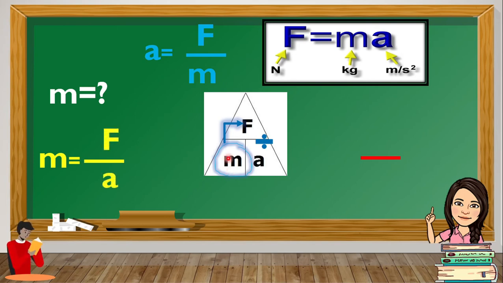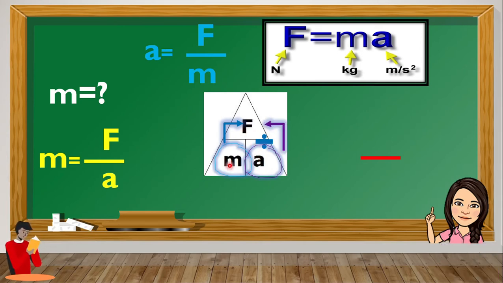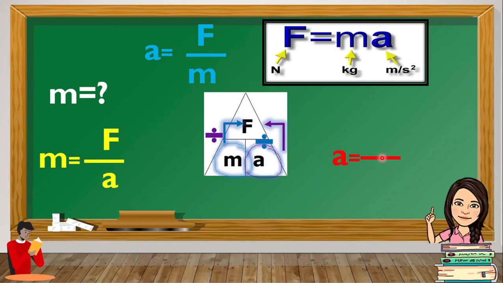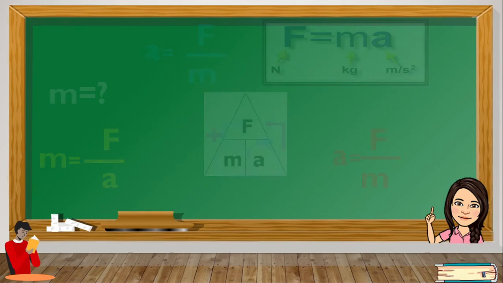Again, mass is equal to force divided by acceleration. How about acceleration? Acceleration is equal to the net force divided by the mass of an object. Again, acceleration is equal to force divided by the mass.